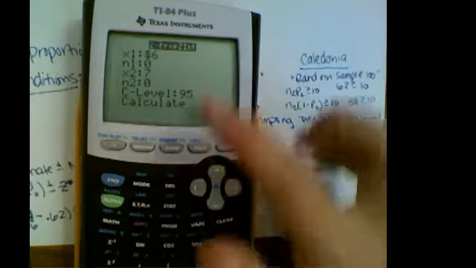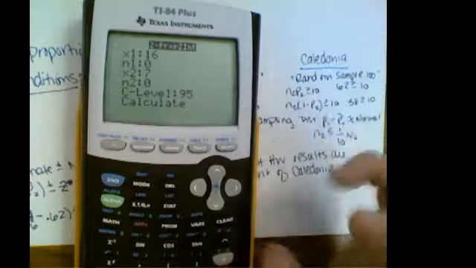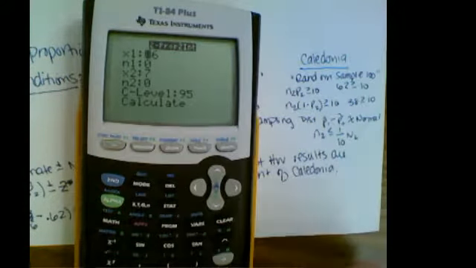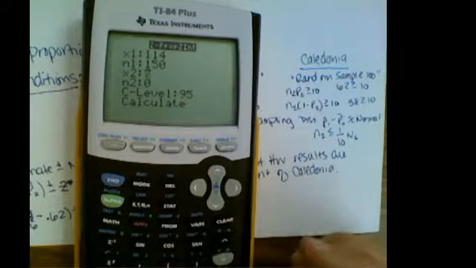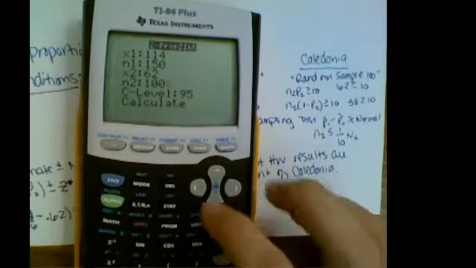Notice that you have x, n, things of that nature. You can't do decimals in here. Okay, so you need to have counts. Like EKHS was 114 out of 150. And Caledonia was 62 out of 100.